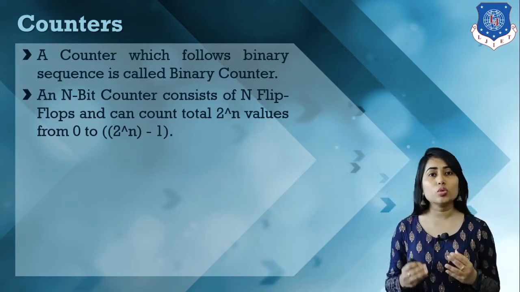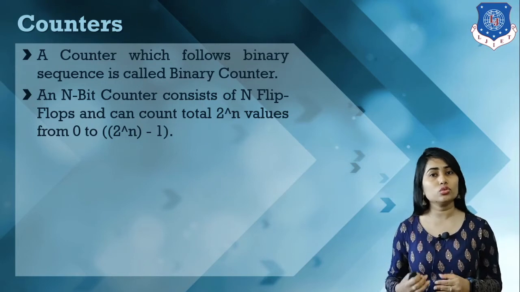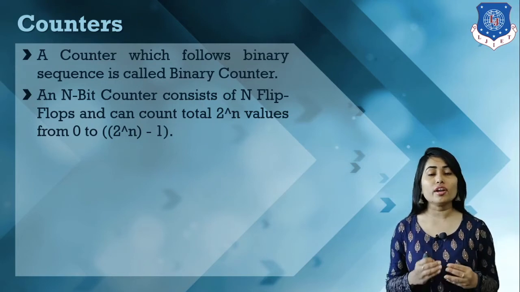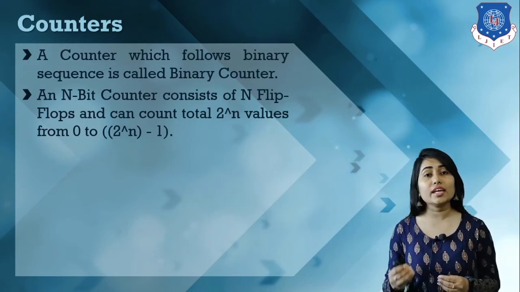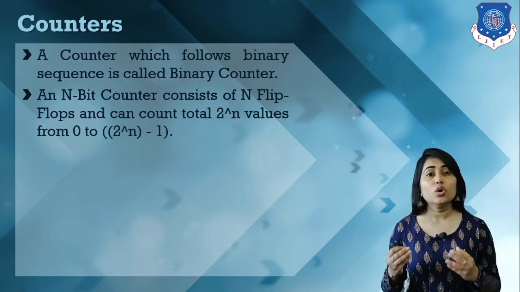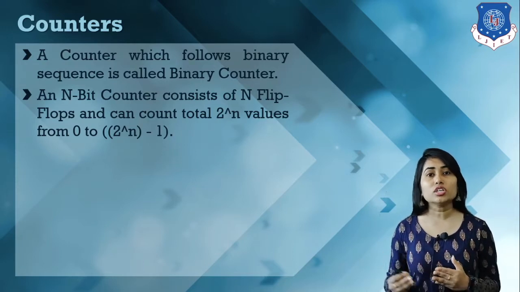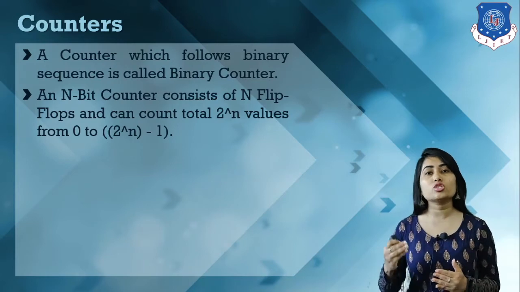That's why to construct a counter we have to use flip-flops, and for an n-bit counter we have to use n flip-flops. Using n flip-flops we can count total 2 raised to n values, from 0 to 2 raised to n minus 1.